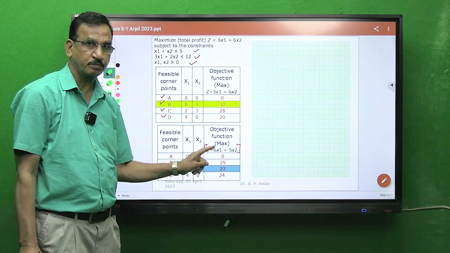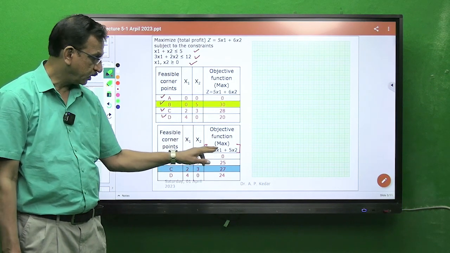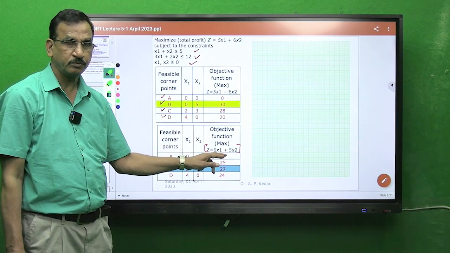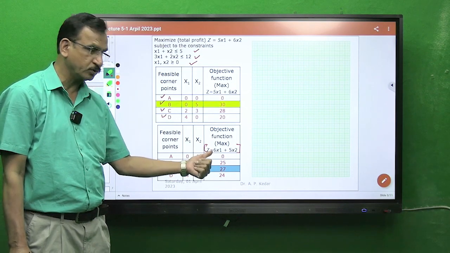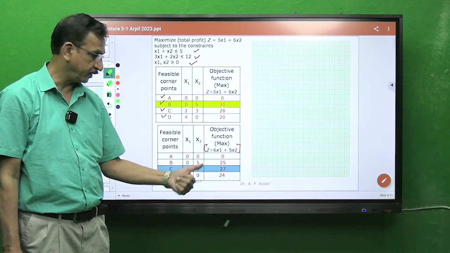Rupees 6 was the profit on 1 unit of alpha pain, and rupees 5 was the profit on 1 unit of beta pain.